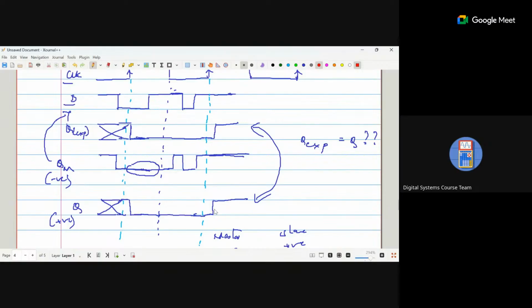Now in this Q, if you see, after this point, QM becomes 1 at this point. For Q, we are having a slight delay here, right? This slight delay is one of the delays. I want you to keep this in mind. There is this one kind of delay, and there is another kind of delay where, let's say, you have something like here.